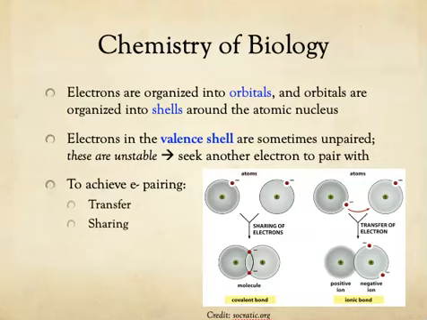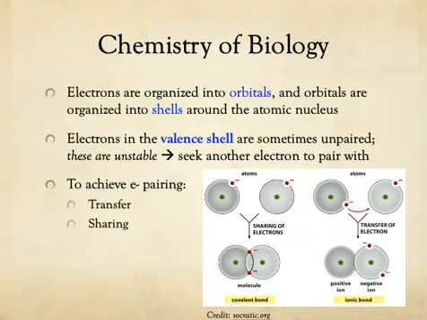We need to take a step back here and think again about atomic structure. Remember, we said atoms are composed of protons, neutrons, and electrons, and every element has a different combination of those three types of particles. All of those electrons are buzzing around the atomic nucleus. They are in motion constantly around the atomic nucleus.